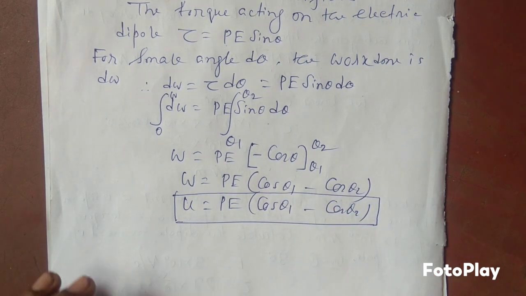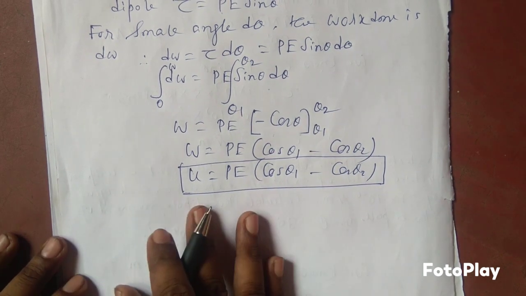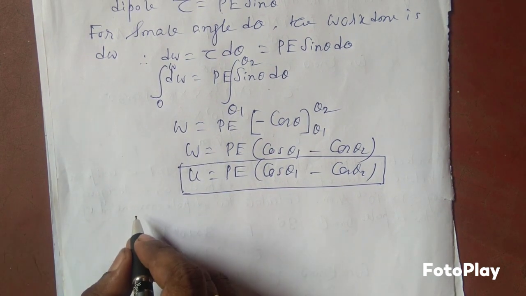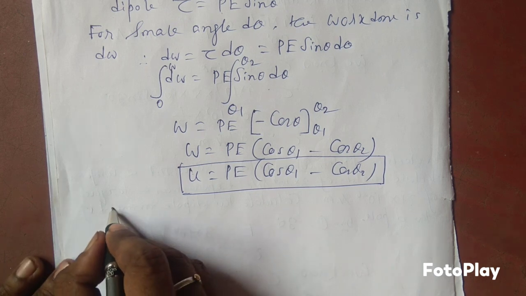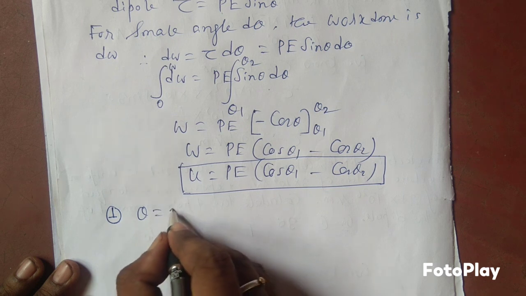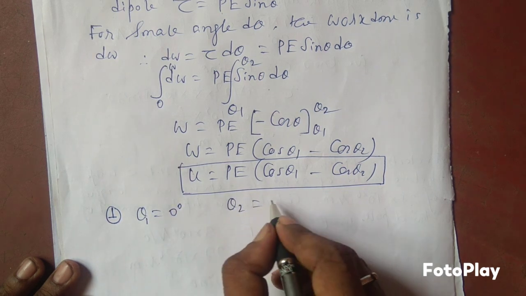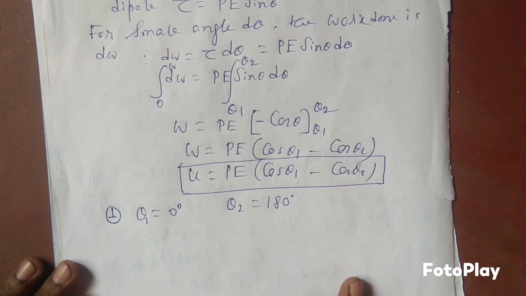Now we have to put some conditions. First, condition 1, that is theta 1 equal to 0 degree, theta 2 equal to 180 degree.